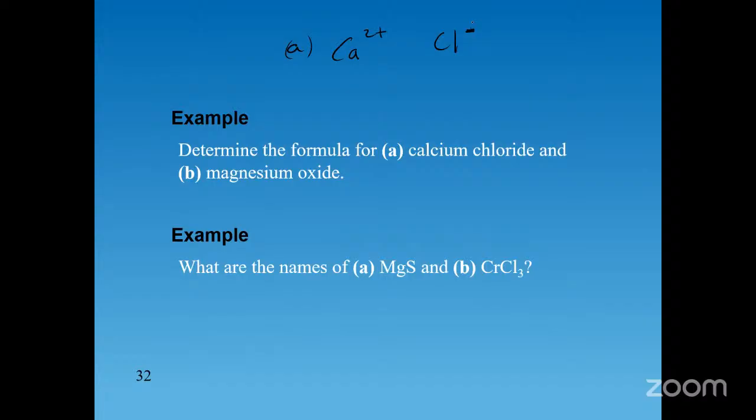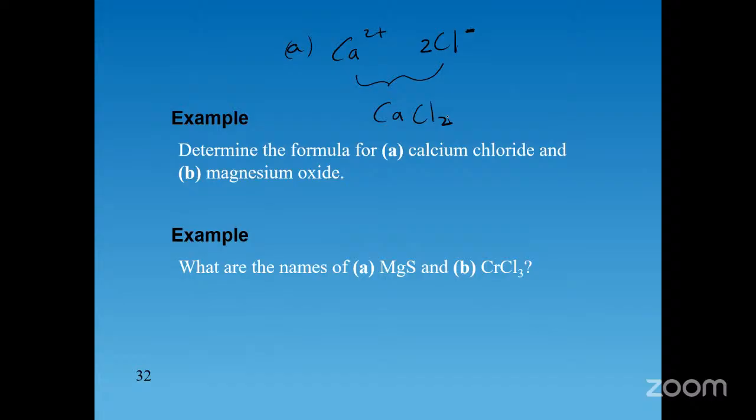In other words, the total number of plus charges must be equal to the total number of minus charges. As it is right now, that's not the case. So how do we achieve that? All we have to do is put a 2 here, and now multiply the negative charge by 2, which is equal, in magnitude, to the number of plus charges. So the final answer, when you put these two together, will be Ca, and then this 2 becomes a subscript: CaCl2. And that will be the formula for calcium chloride.